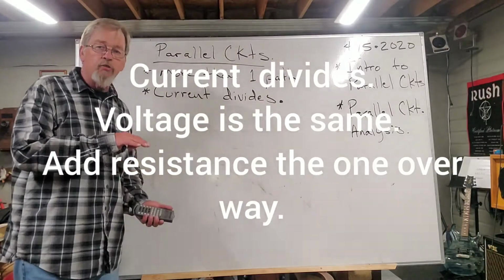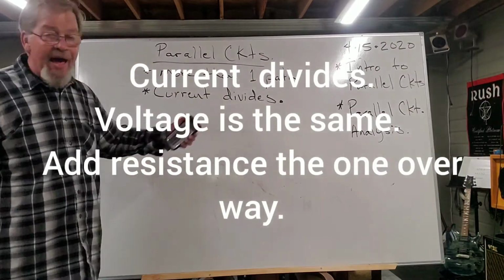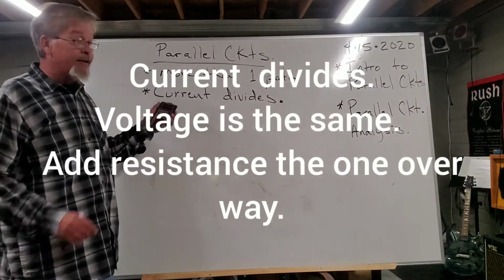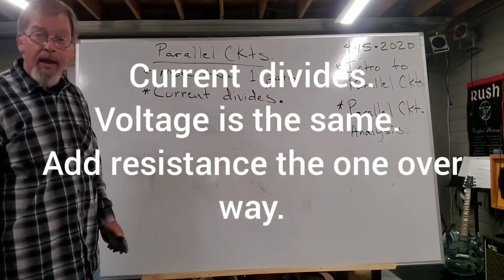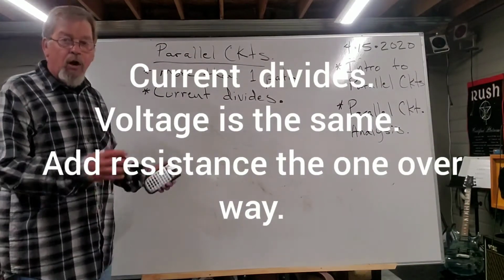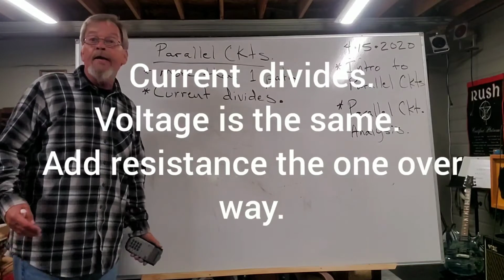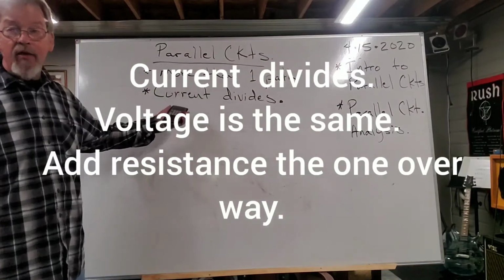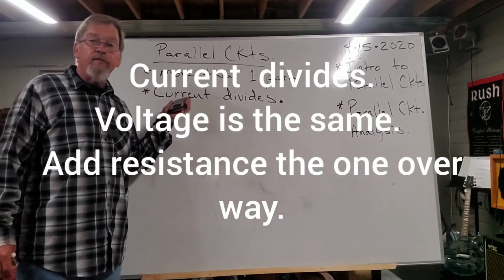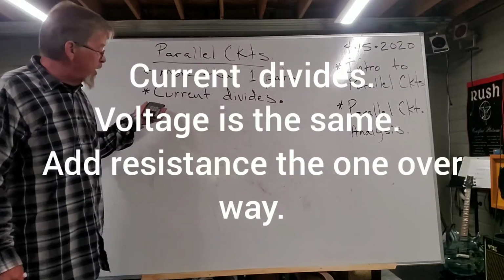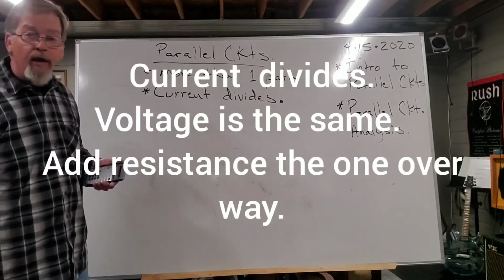All the individual currents will add back up to that total current because that current just simply divides up like a pizza. And if I put all the pieces of pizza back together, I end up with the pizza. Same deal as voltage in series, we have current in parallel.